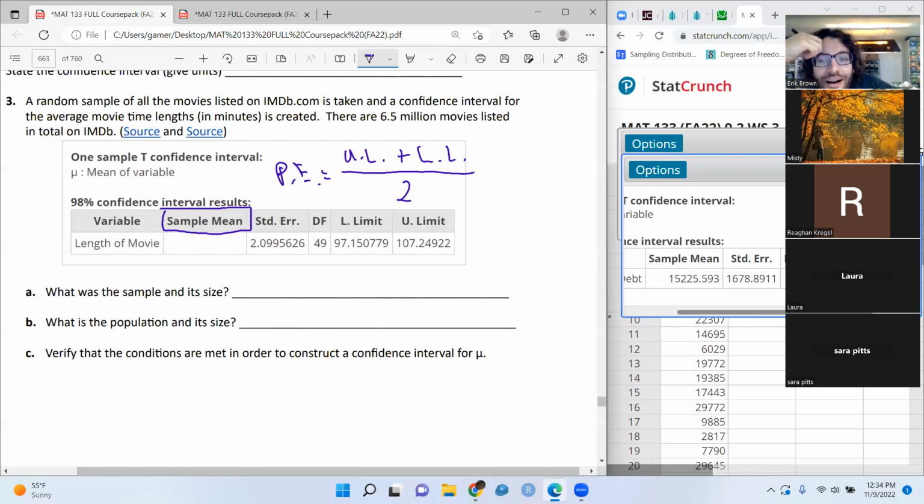Yes, no, question mark? Okay, that's okay. What does point estimate mean? What is it?